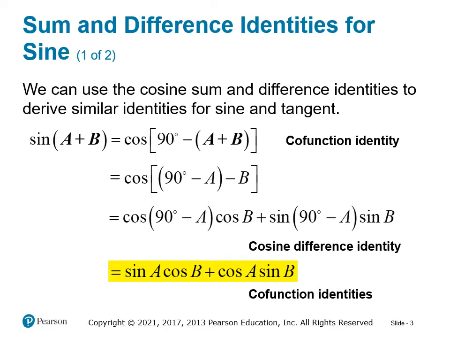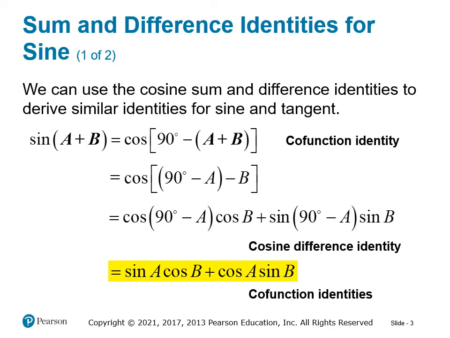We notice that 90 minus a is actually going to change the trig function, because now we're looking at the cosine of 90 minus a, which is the cofunction with sine because they're complementary, so we can swap those out and we get the first identity: sine a cosine b plus cosine a sine b.